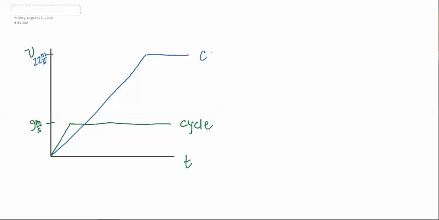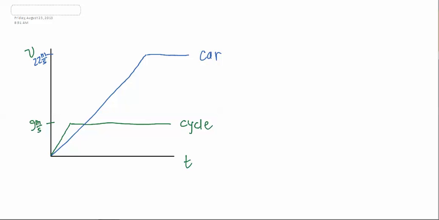Now the idea is that we're looking for when are they at the same place at the same time. Now displacement is the area under the curve, or the area under the graph.